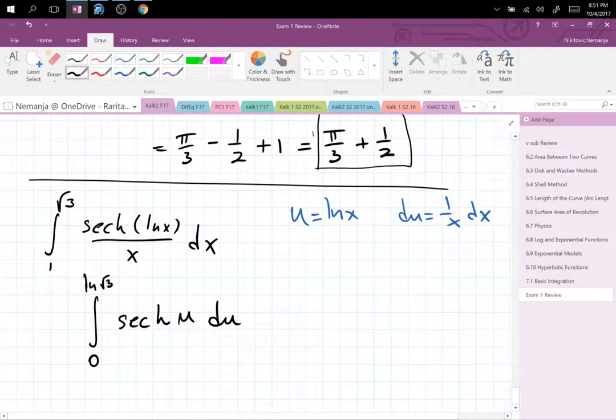No, secant square would be tangent. So if you're integrating secant square x, you're getting tangent x. If you are integrating secant x, you have ln secant plus tangent.